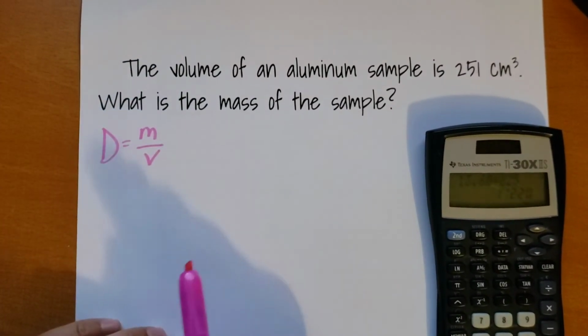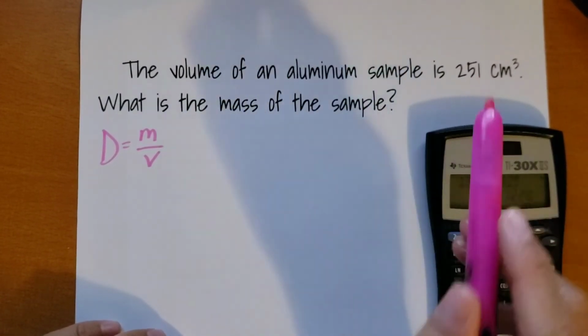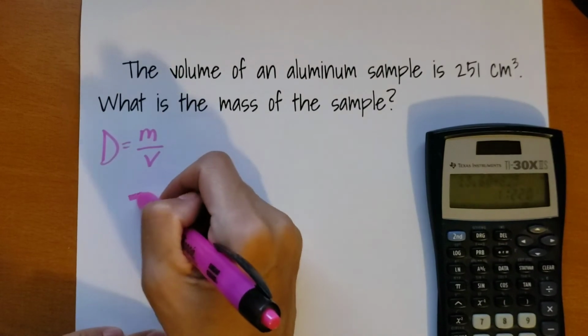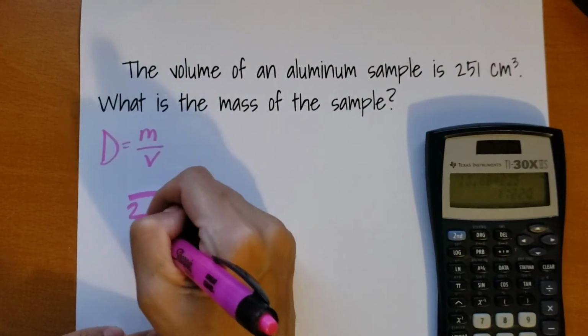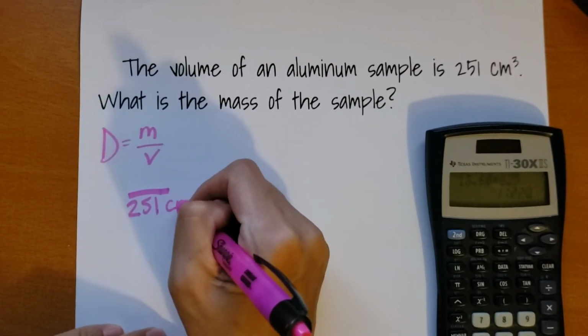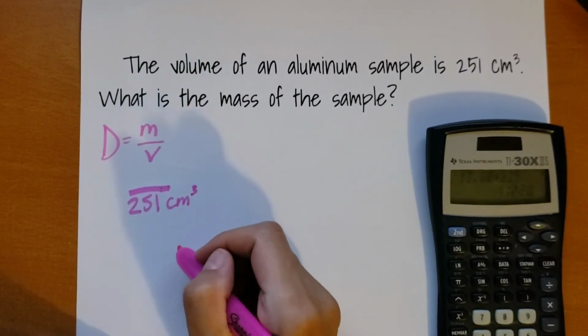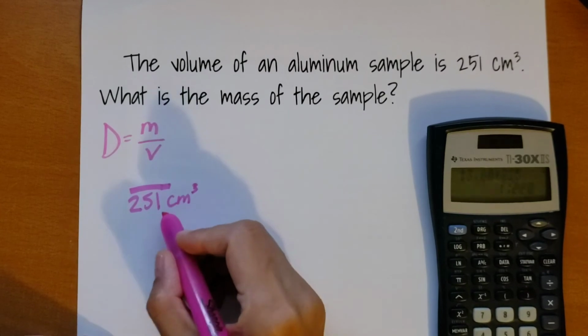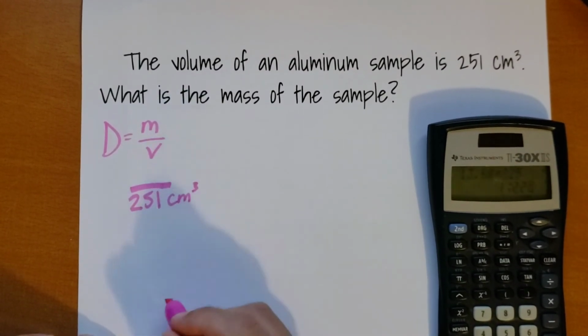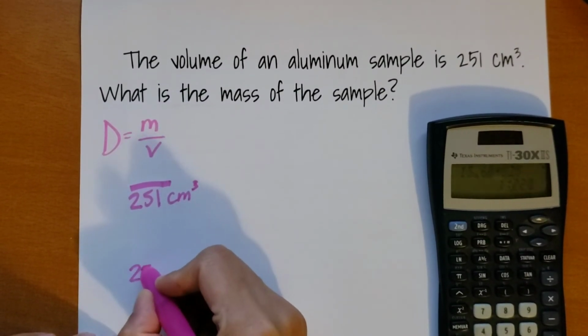So what I'm going to do here is I'm going to plug in what I know. I see that the volume of the sample is 251 cubic centimeters. Again, if writing in the volumes makes this difficult for you, you can write this in with just the number, like this.